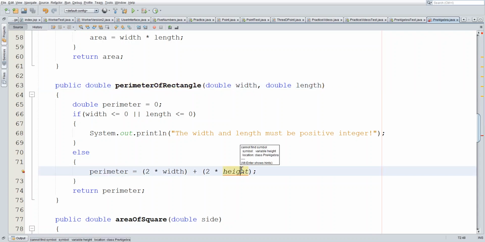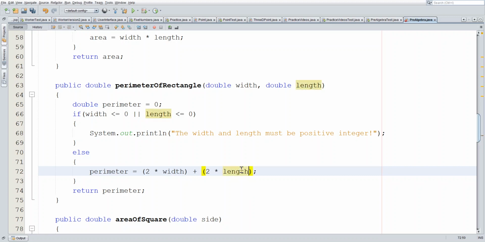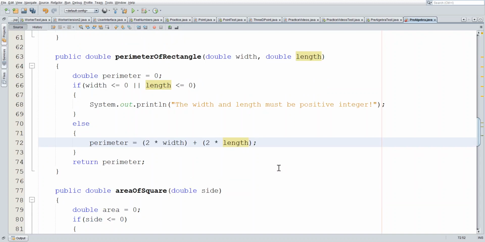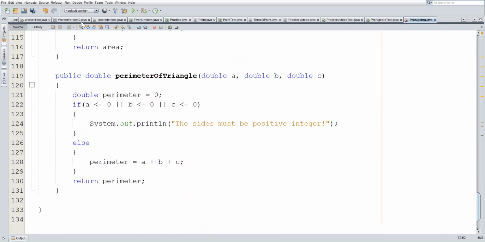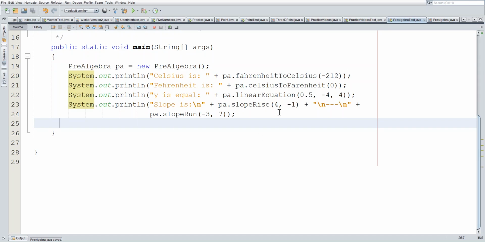If you put length, good job. Give yourself an A for the day, because you didn't make the same mistake I did. If you copied me, well, you made an error like your professor, and you know what? None of us are perfect, and we're all here to learn, even if I'm learning from myself sometimes. Awesome. So now if I save it, the error should go away. Oh, beautiful. We don't like to see errors as programmers, right?